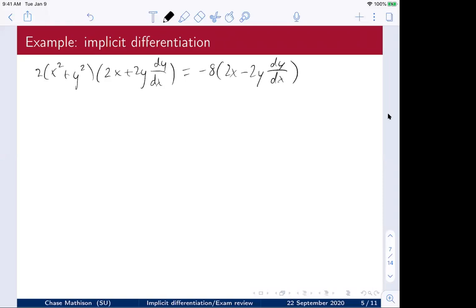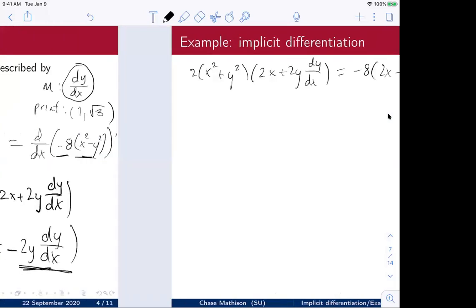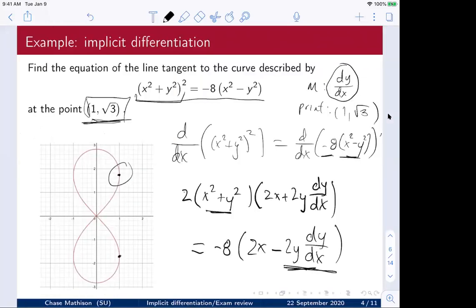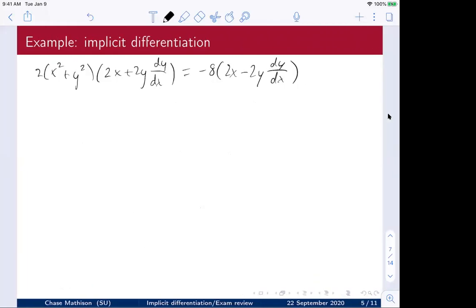Now I could plug in straight away my point, right? I mean, I could try and solve for dy dx first. The algebra is going to be a little easier if I plug in my point right away. Because after you've taken the derivative, you can go ahead and plug in the point.